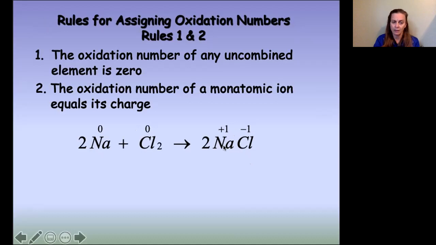And so this is a monatomic ion, meaning a one atom ion, not a polyatomic. It has a charge of +1, which means it has an oxidation number of +1. And the chloride ion has a charge of -1, which means it has an oxidation number of -1. So those two rules are probably the easy rules.